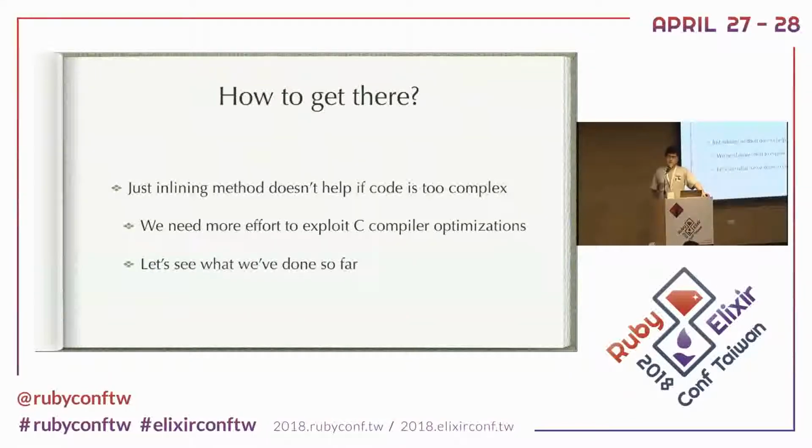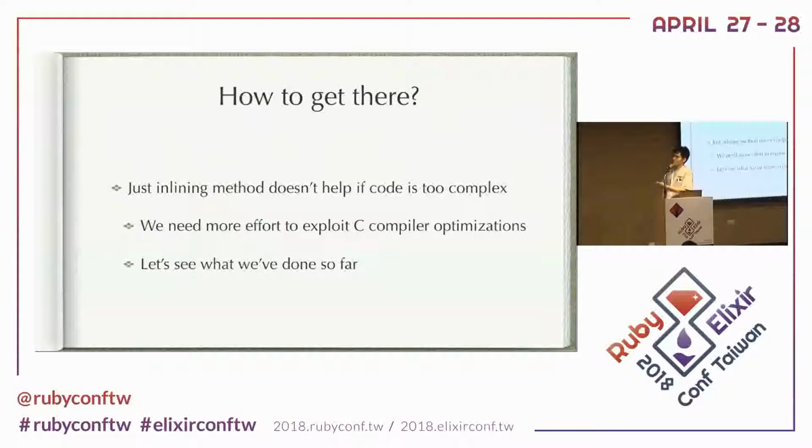It was promising to achieve Ruby 3 times 3, but actually it takes much time to compile when everything is inlined. So I need to limit the methods to be inlined at least, and also just inlining doesn't help improve the performance, because the actual optimization is done by the C compilers.